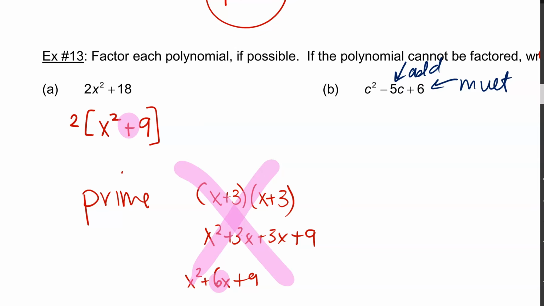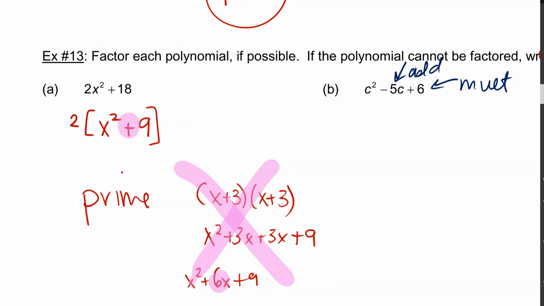Let's reason through it. I'm happy you understand it, but I want you to understand it when I'm not with you. If you're adding two numbers and you get a negative, at least one of them has to be negative. If you're multiplying two numbers and you get a positive, and one is negative, the other has to be negative, because two negatives multiplied is a positive.